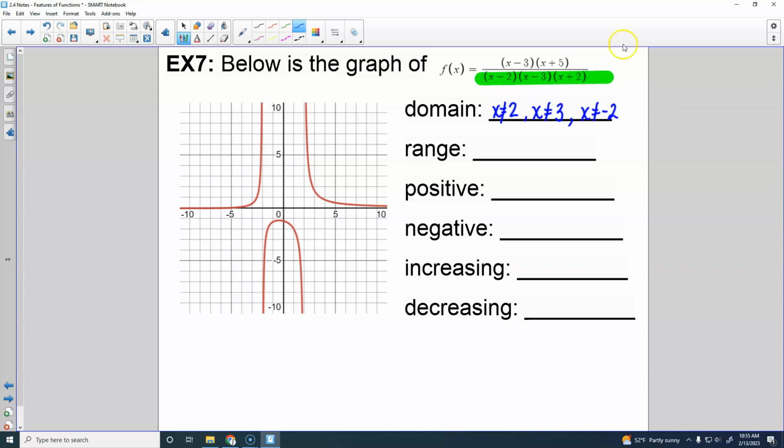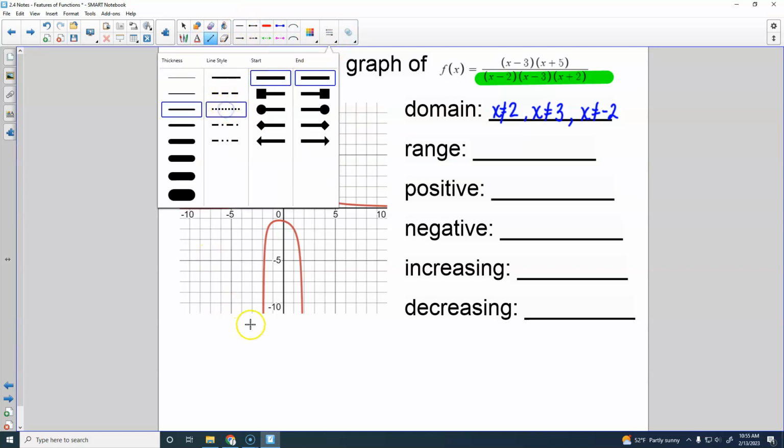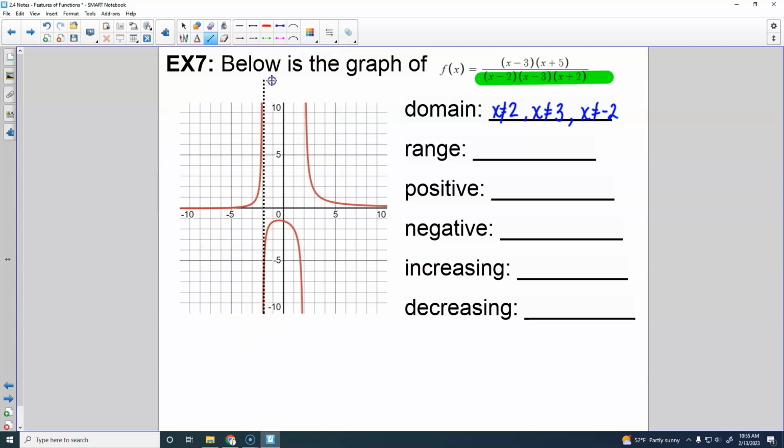If we look at the graph, on this graph I see a vertical asymptote right here at negative 2. I see a vertical asymptote right here at positive 2. I don't see a problem at 3. Why is that? What do you have at 3?